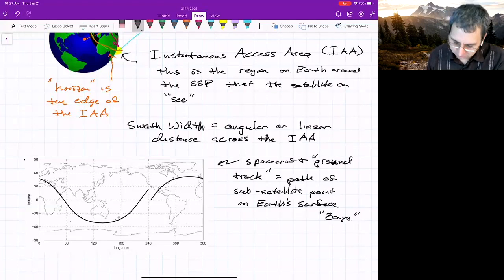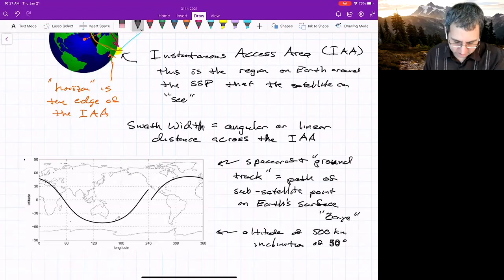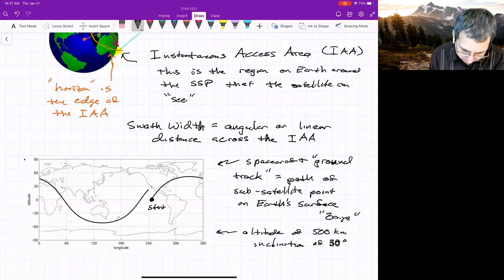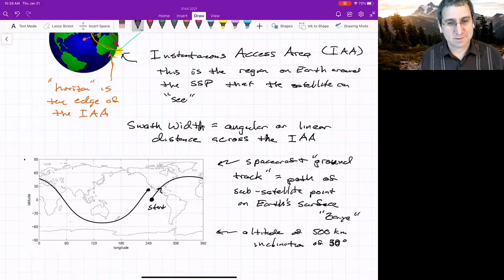But this example is for a spacecraft with an altitude of, I think, 500 kilometers and an inclination. Let's say it starts here and goes that way. And then after going around the Earth once, why doesn't it come back onto itself? What's going on here? Does anybody know? Yes, the rotation of the Earth.